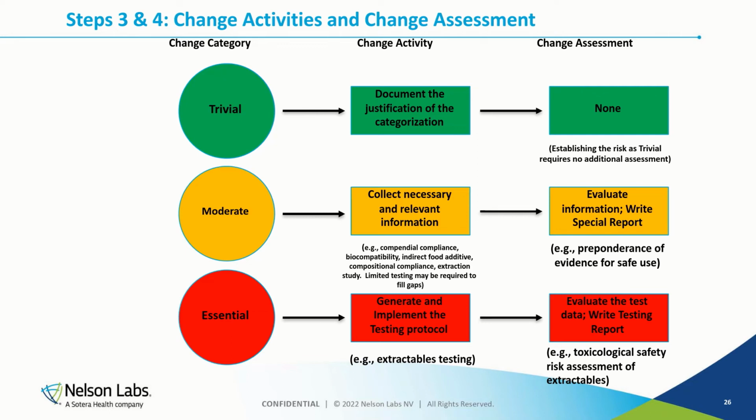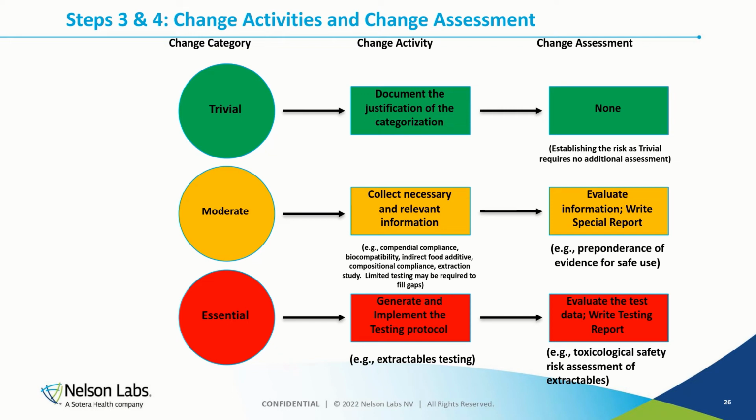The vendor of that polypropylene is good to work with. So they've qualified that changed material by noting that it complies with the compendial, that it's biocompatible, that it's an indirect food additive, and so on and so forth.